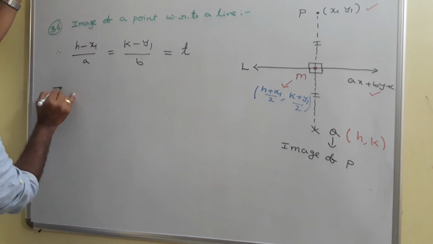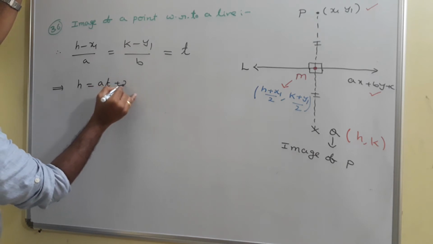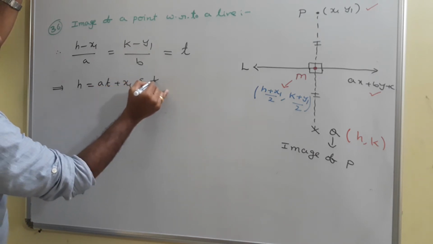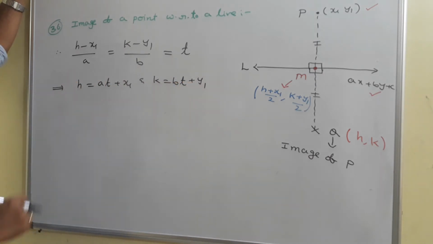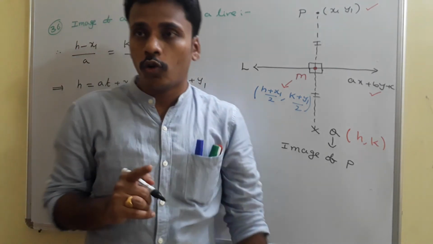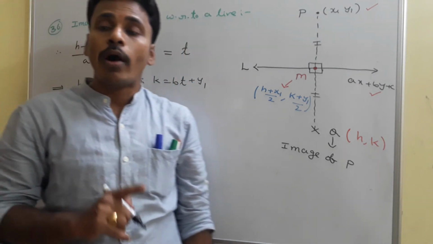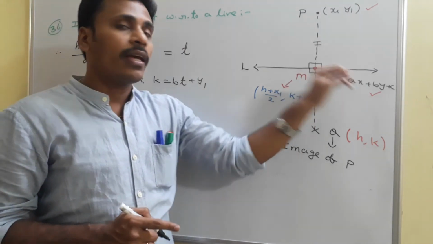And now again, if you write h, k: h is equal to at plus x1, as well as k is equal to bt plus y1. There ends the task. And the next thing, if you observe the above proof for the foot of perpendicular, there the point h, k is on the line, but here the point M is on the line.